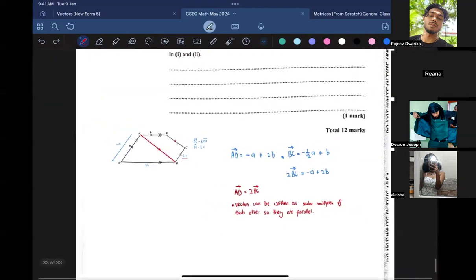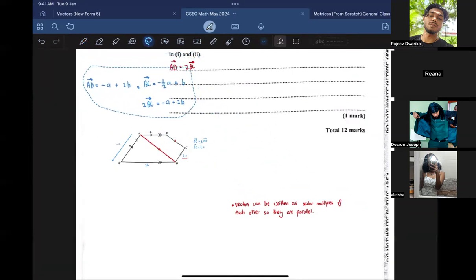So the question was for 1 mark, so you only had to state one geometric property. But we're going to state 2. So we're going to show them this here. So we're going to say AD is equal to 2BC. And what we had working to the side here is the working.